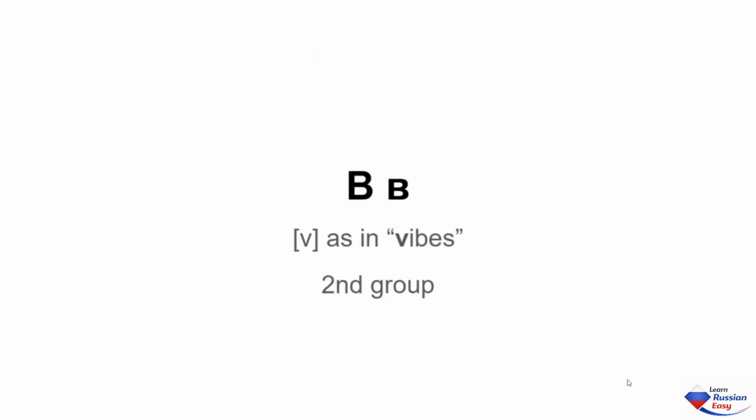And I want to remind you that the second group contains 7 letters which look like English ones but have different sounds. So, the first one is V. As in vibes. Ye.